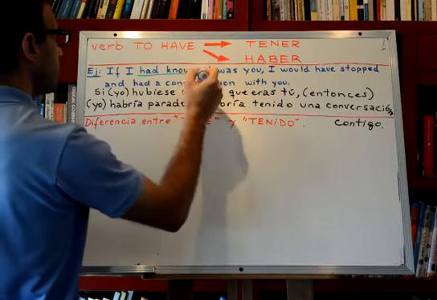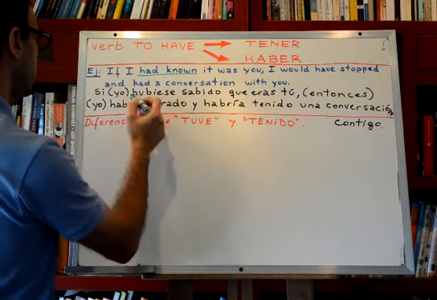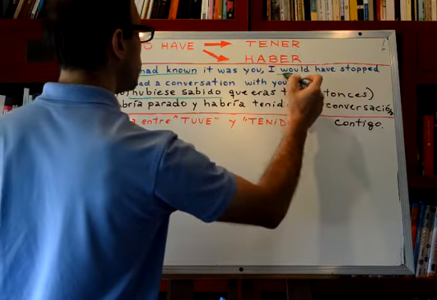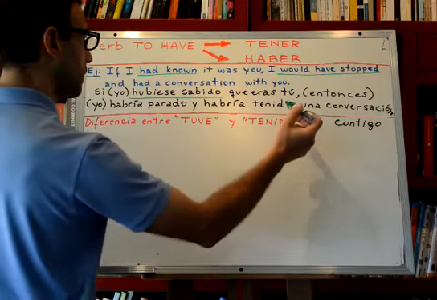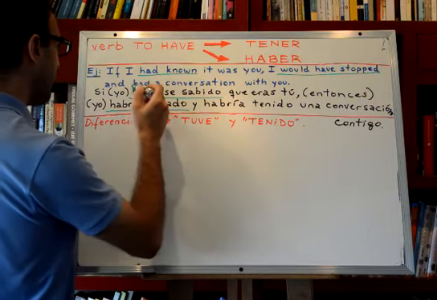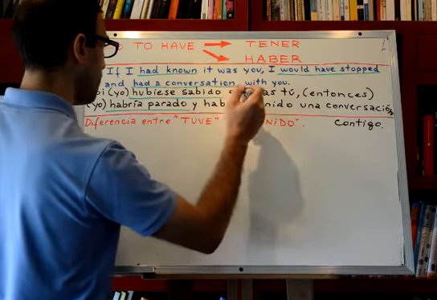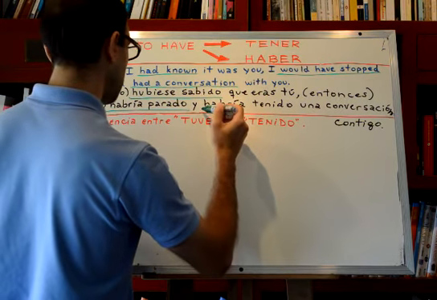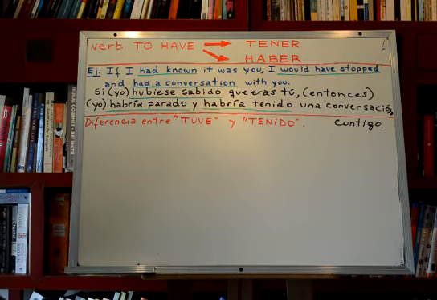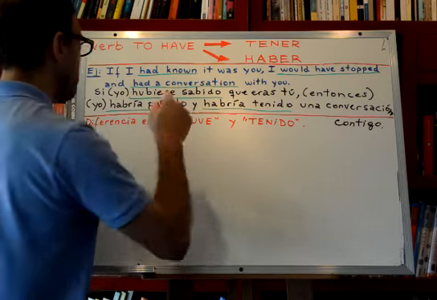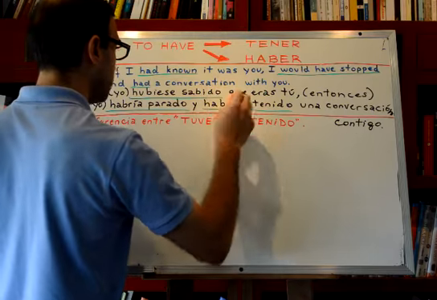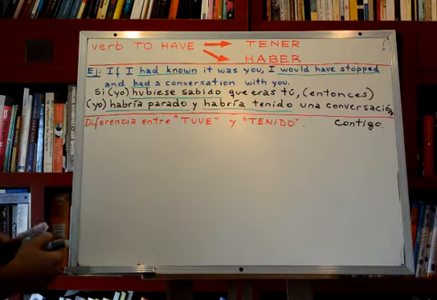So, I had known is hubiese sabido. Would have stopped is habría parado. And had a conversation, habría tenido una conversación. Okay? Actually, sorry, had here would be habría tenido.